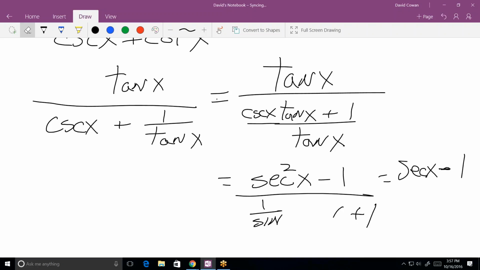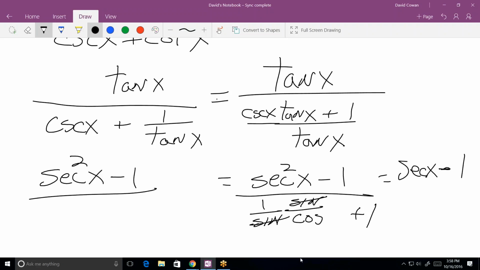Yes, the fundamental identity, sine over cosine. We're making progress. Oh, and then you can cancel. Now, that leaves us, and notice that I end up with 1 over cosine, just secant. So now here's what I have on the left side: secant squared x minus 1 all over secant plus 1.